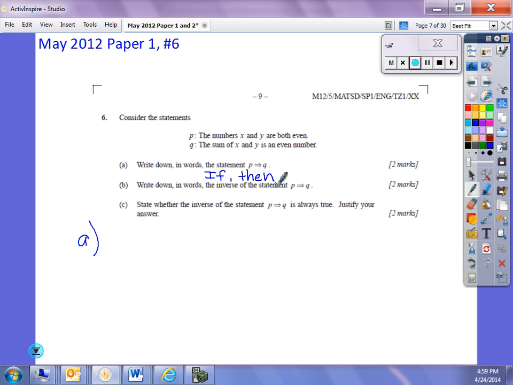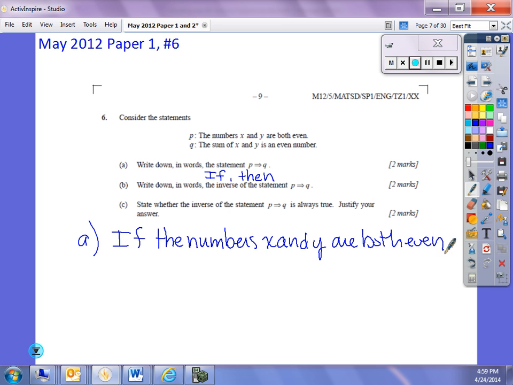So if we're writing if P then Q, then we're going to have to write down the sentence, if the numbers x and y are both even, then the sum of x and y is an even number.